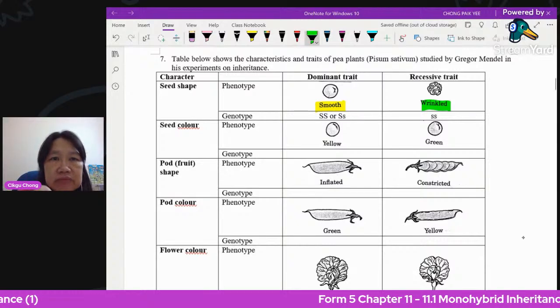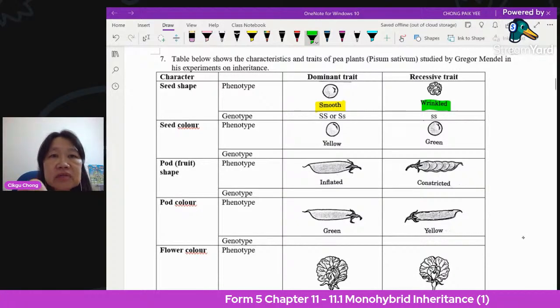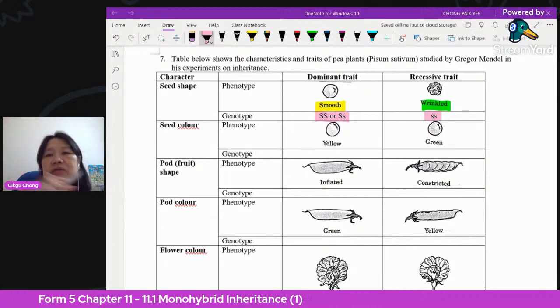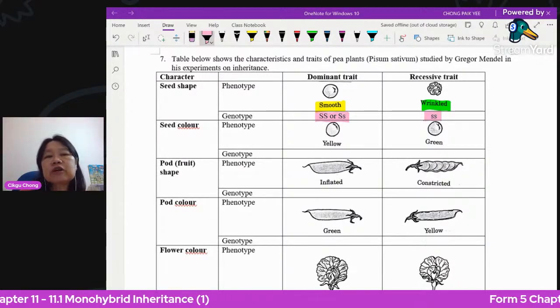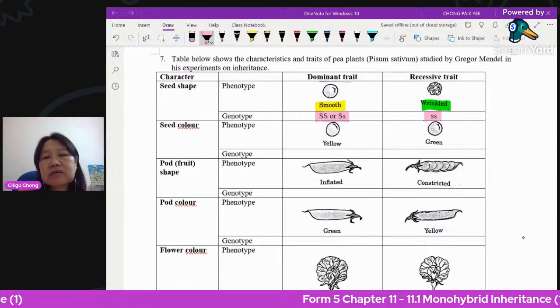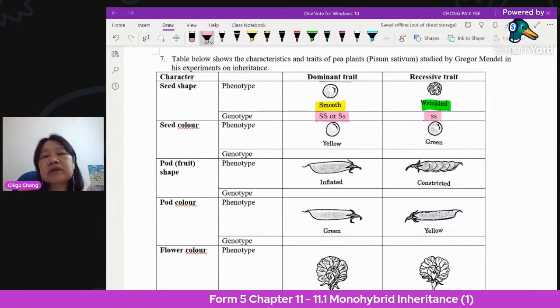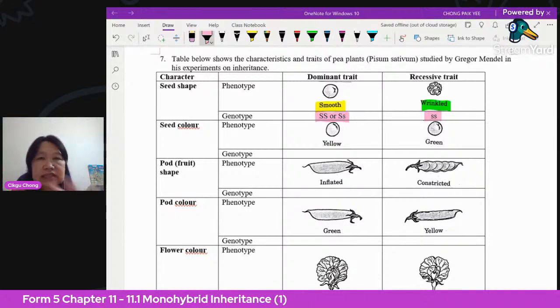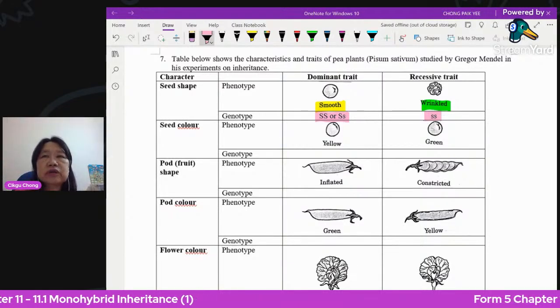Then genotype, you must put it in terms of symbol. Always remember that. So for dominant, it can be double capital, or capital and small letter.